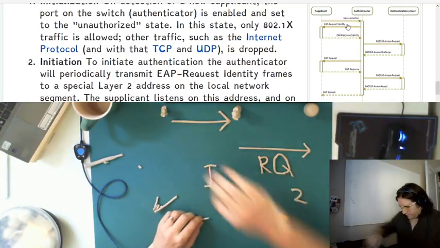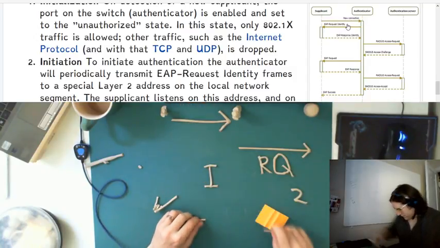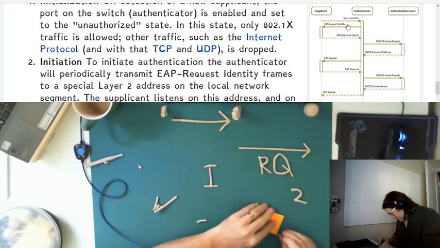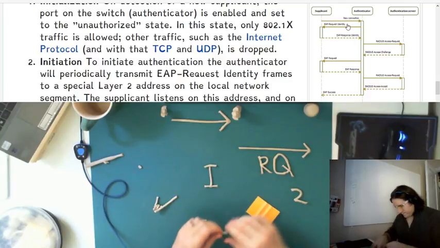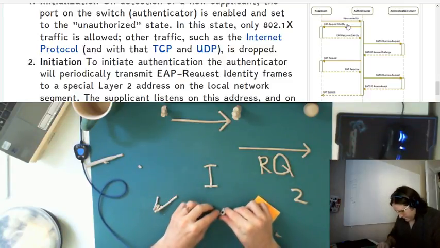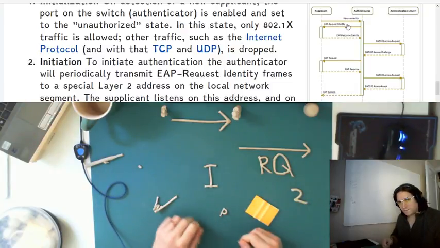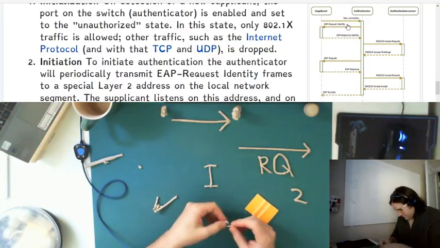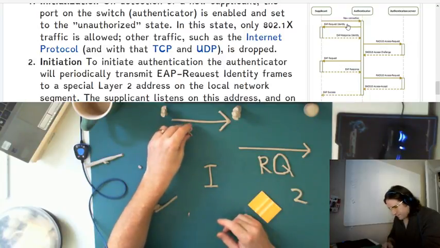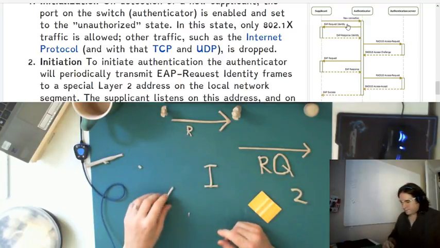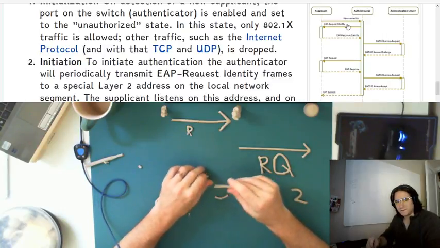So it comes here, and it's still smaller. There. That is the response identity, the response to the identity request.